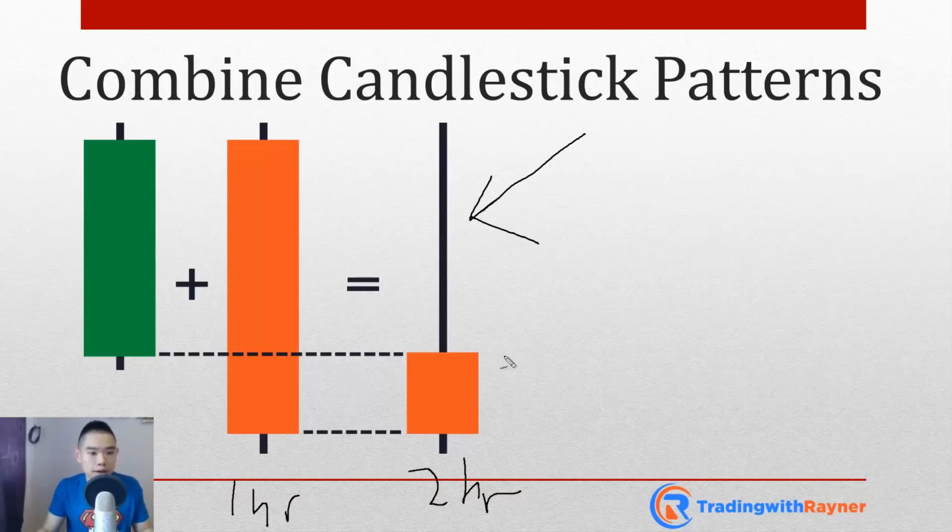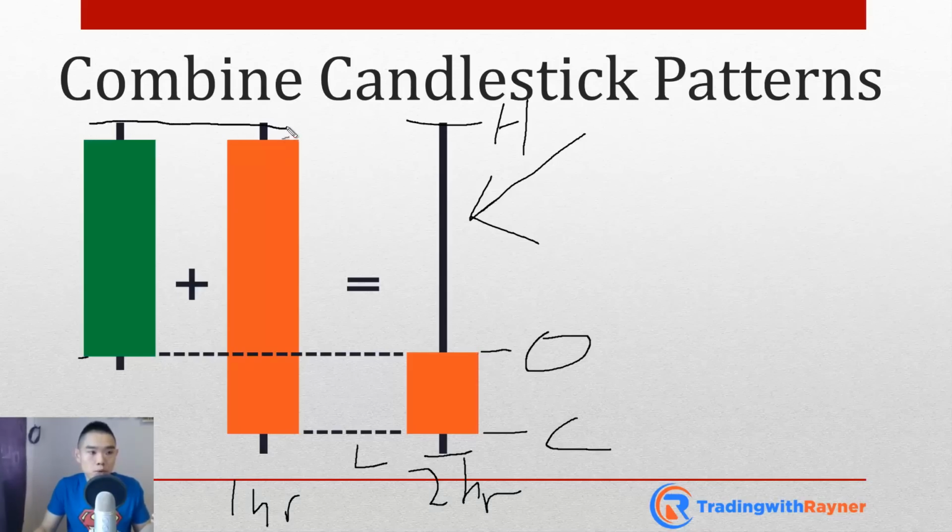Simple. So if you look at this, this is essentially the open, this is the close, this is the highs, let's call it H, and this is the lows, let's call it L. Where did we get the open from? We get the open from the first candle, because this is the first hour of the 2 hours. So this is why we have the open over here. Now, where is the high? The high is simply the highest point between these two candles.